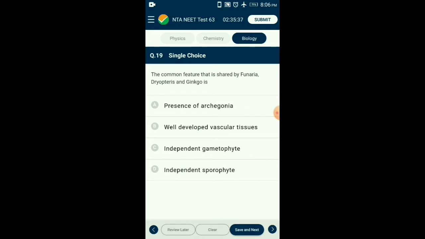Dryopteris is a pteridophyte in which female sex organ is archegonia, vascular tissues are developed and main plant body is independent sporophyte. Ginkgo is a gymnosperm in which female sex organ is archegonia, well developed vascular tissues and independent sporophyte occurs. So the answer for this question is option A, presence of archegonia.